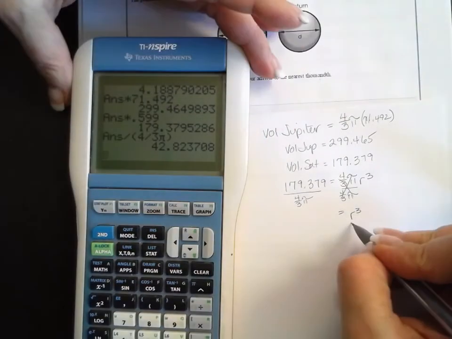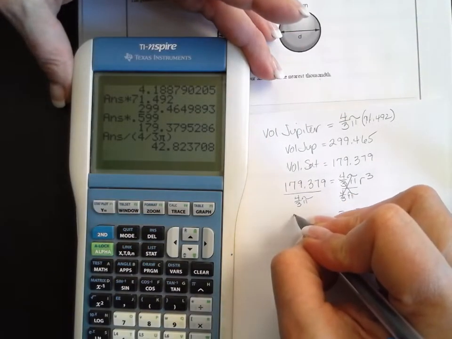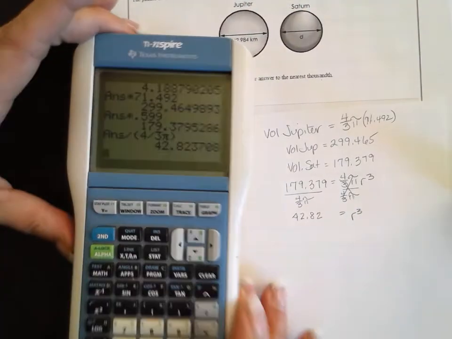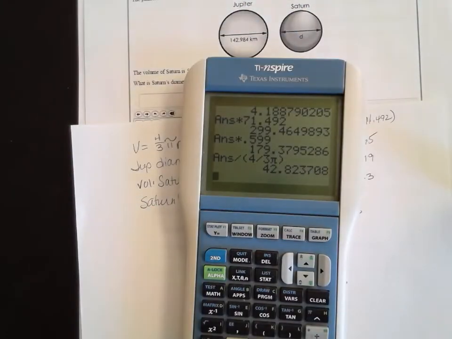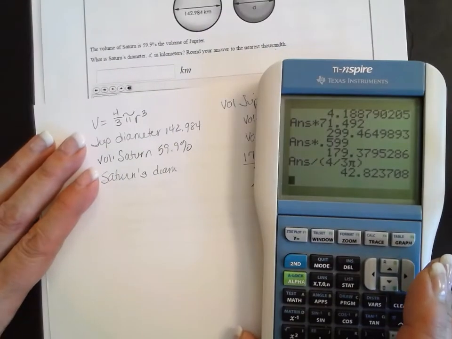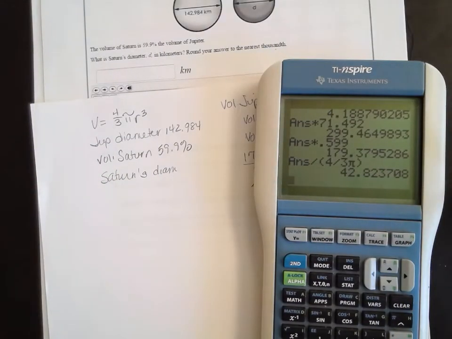And I get my radius of 42.82. Are we good with that? Okay, now, how do you find a cube root on your calculator?